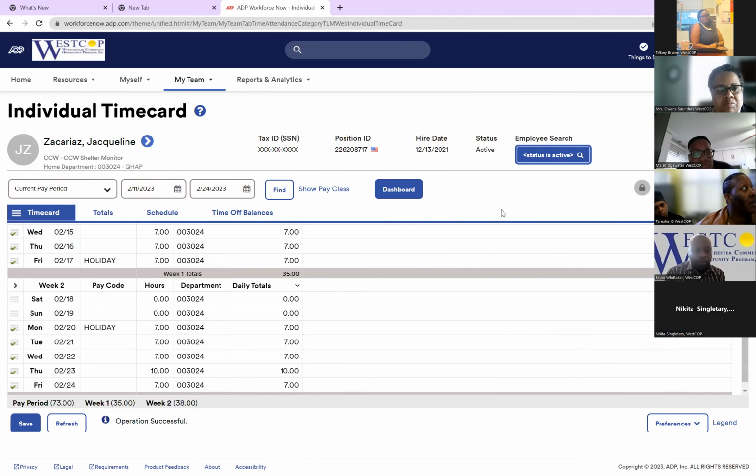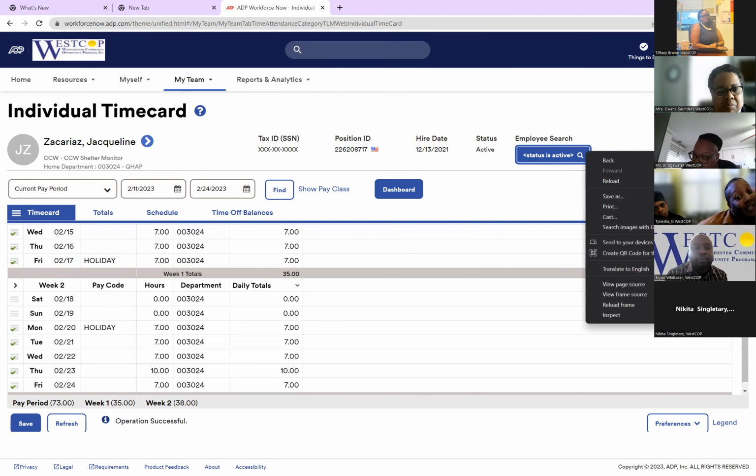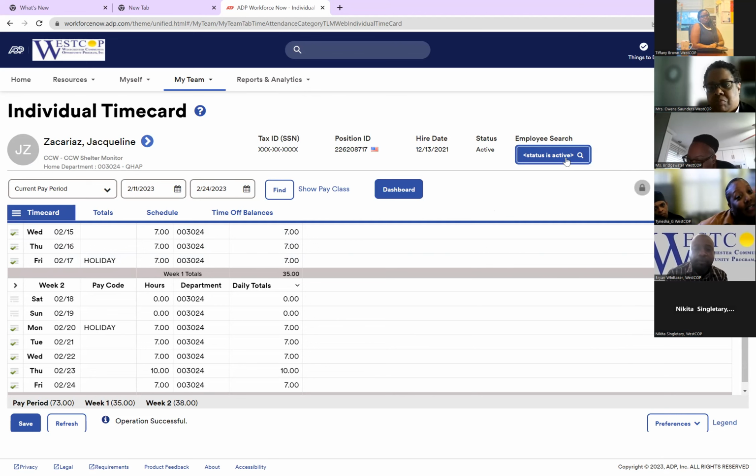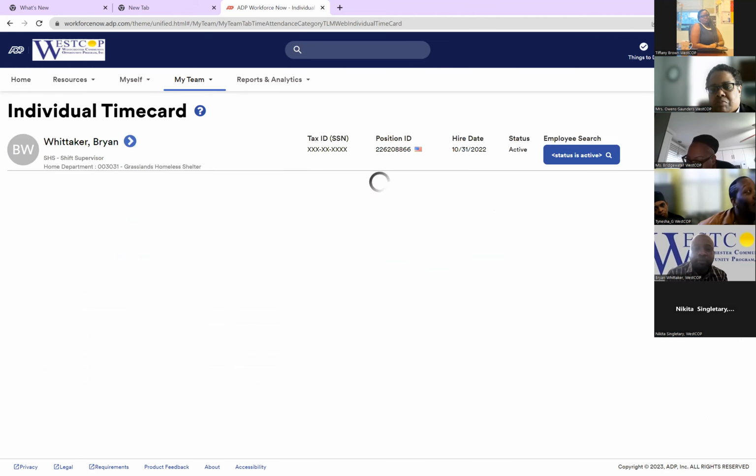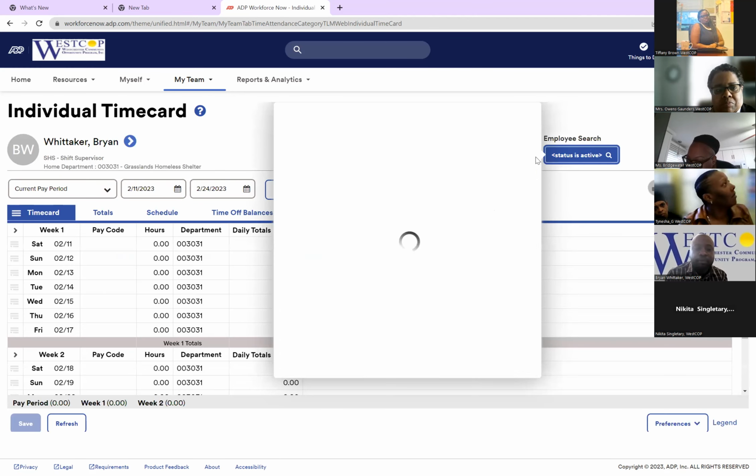Am I doing housing as well? Yes, if they should be under you, if they assigned them to you. I don't know why this is not working. I'm trying to get into some other people. Okay, there it goes.